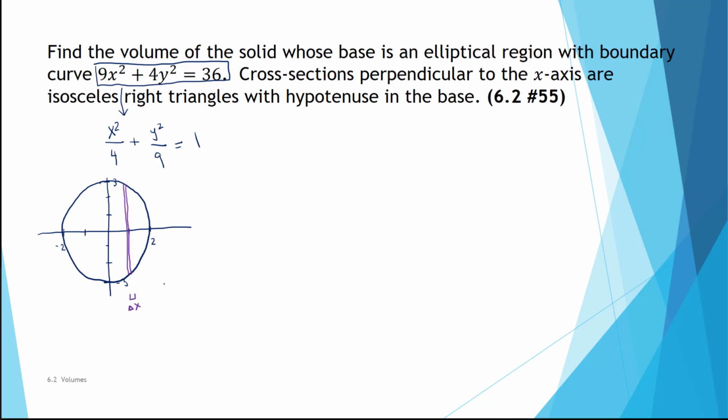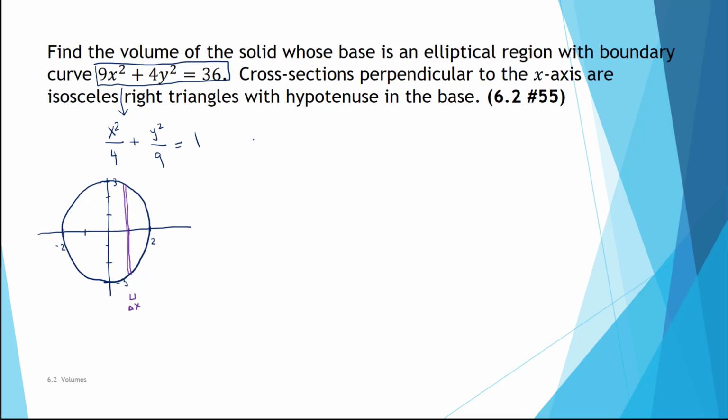And so what you're imagining is if this ellipse is flat on your screen or flat on your table, then on each vertical slice there is a triangle sticking up out of either your screen or your table that makes this into a solid.